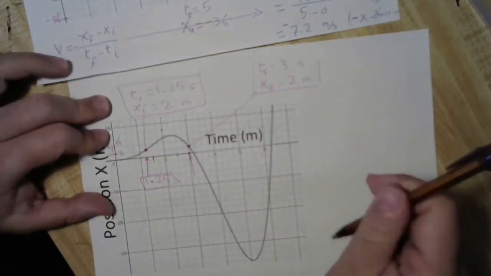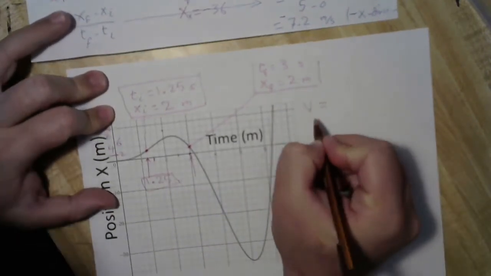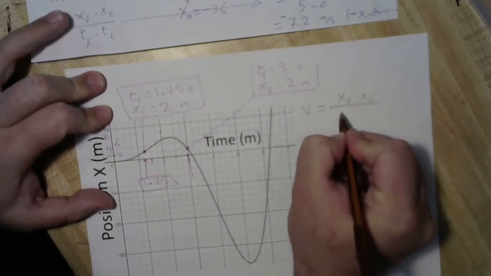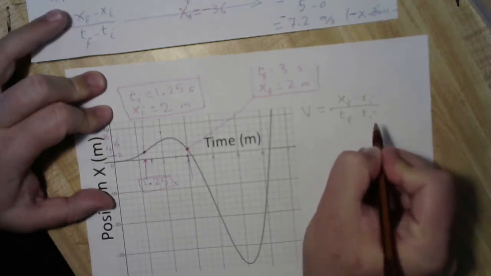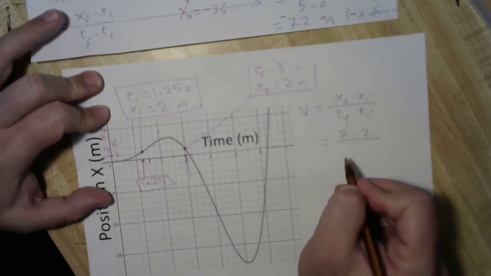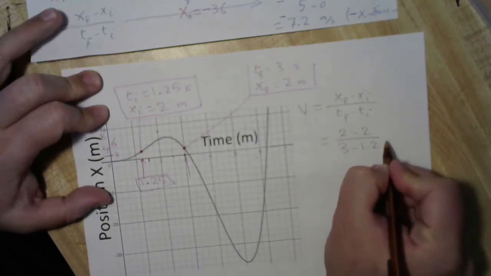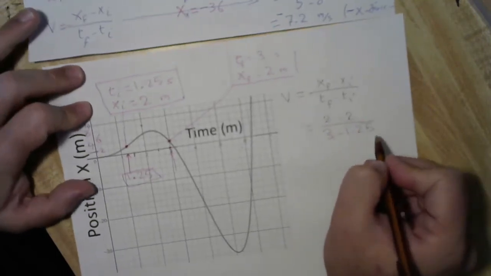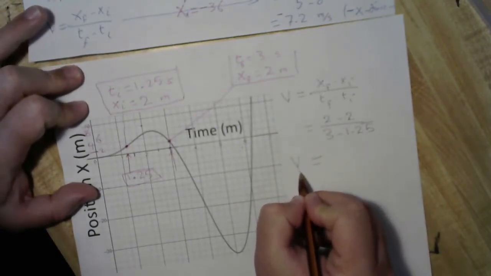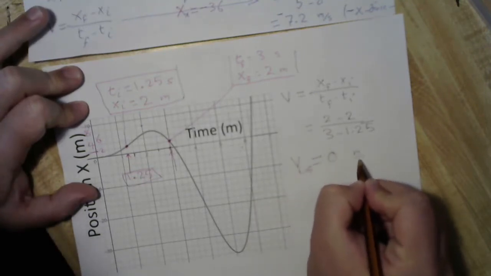Now I need to calculate the average velocity. Velocity is equal to x final minus x initial over t final minus t initial, which is equal to 2 minus 2 over 3 minus 1.25. 2 minus 2 is 0, so the average velocity between the initial value and final value is 0 meters per second.